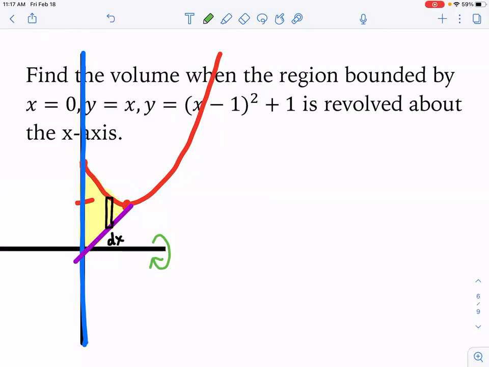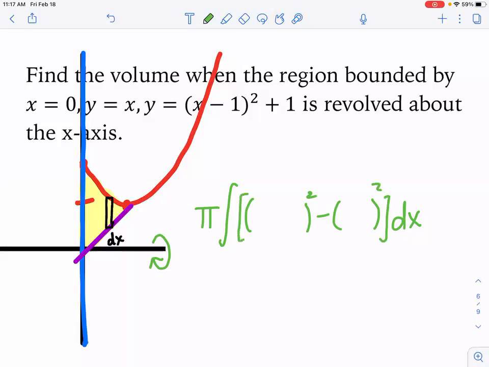Okay, so we have pi r squared h. So there's our pi. H is our dx. But then we have radius squared minus radius squared.